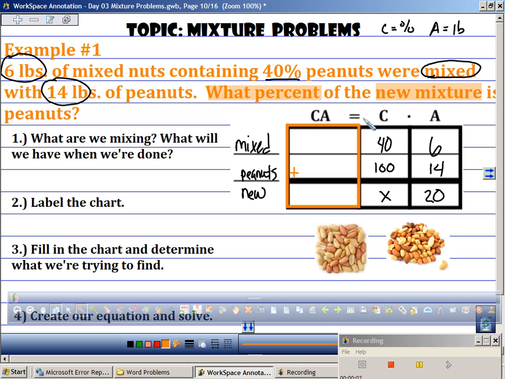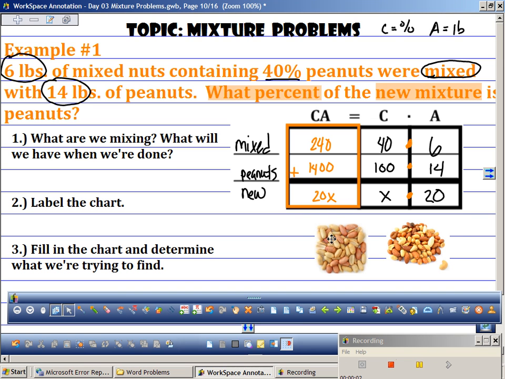C times A equals CA, right? Yes. Multiplying, multiplying, multiplying. What's 6 times 40? What's 100 times 14? And what's X times 20? 20X. There's our equation.